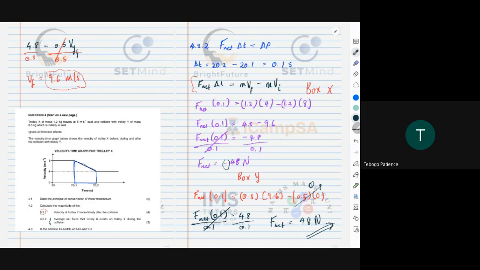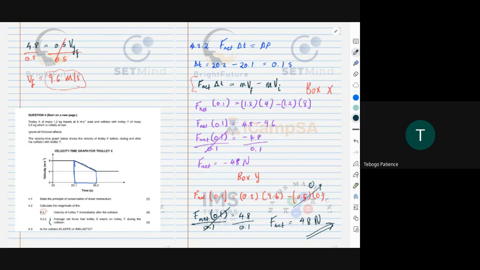So if you miss it, they get you wrong. Okay, so the magnitude is actually 48. Then the last question here, they're asking us if the collision is elastic or inelastic.